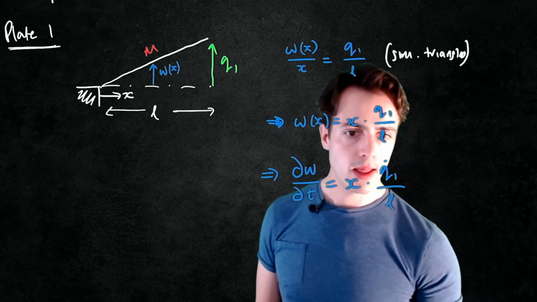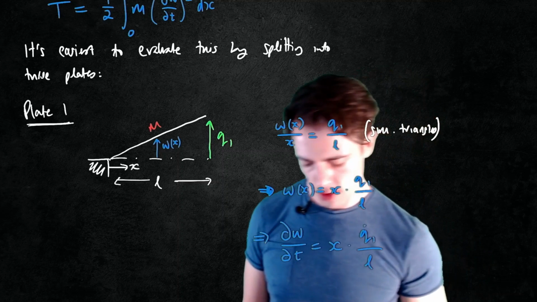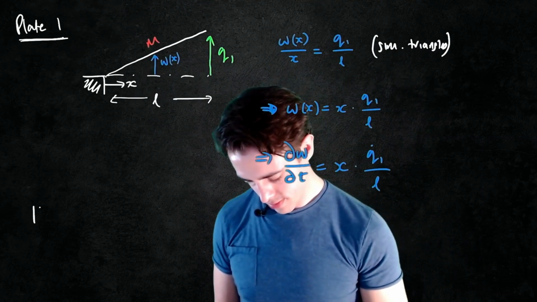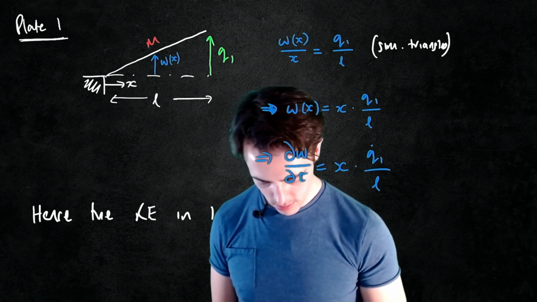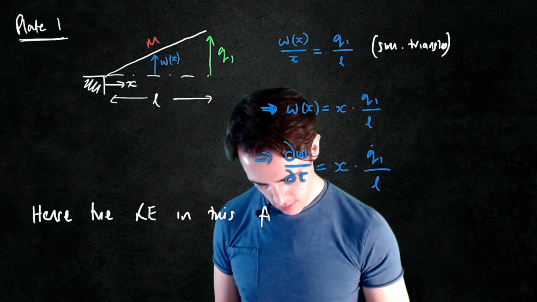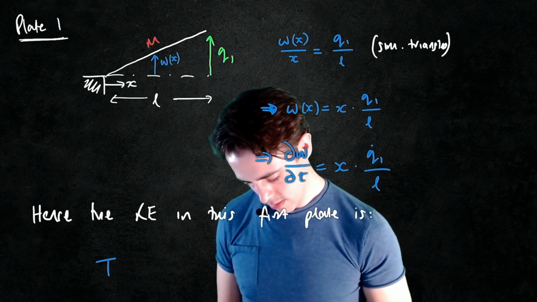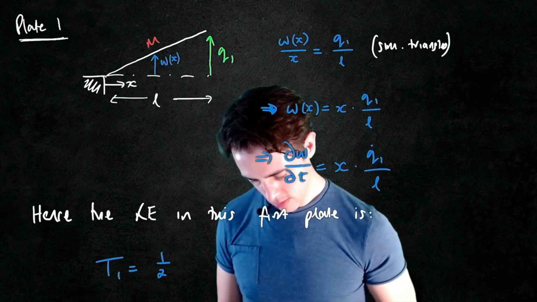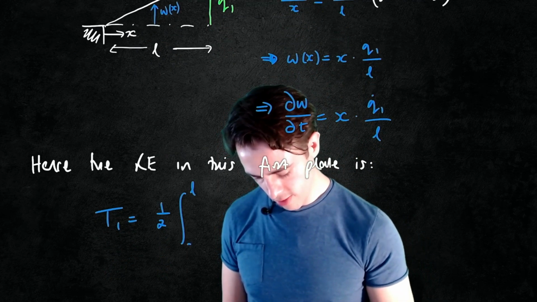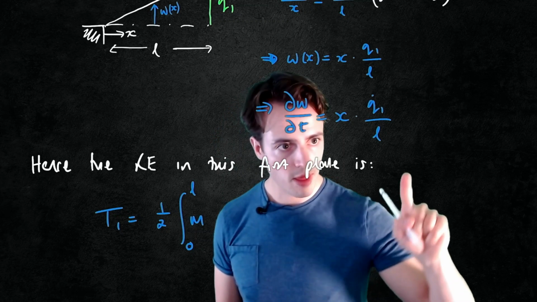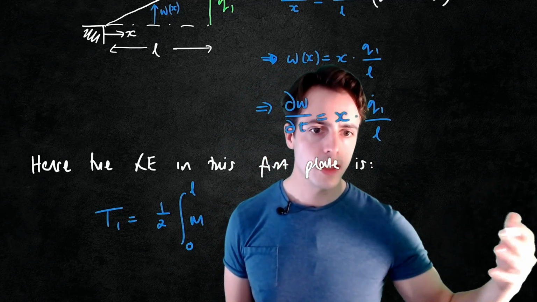So we have that. That enables us to put it into our expression up here, and this then gives us the kinetic energy associated with this first plate. The limits of integration are from 0 to L, and we put this expression in and square it. So that's just going to be x squared, Q1 dot squared, and then L squared.